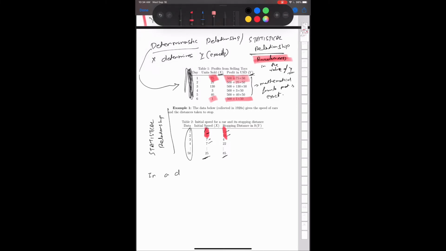In a deterministic relationship, if two objects or people have the same x, then they will have the same y.